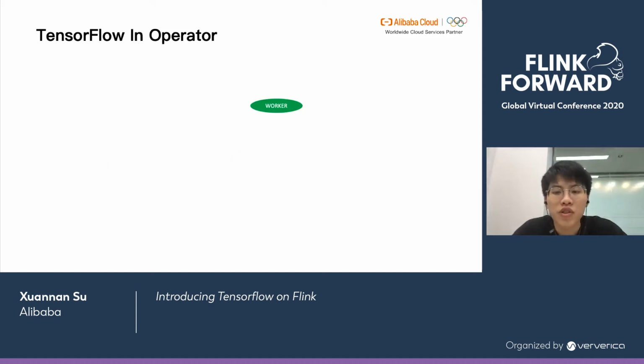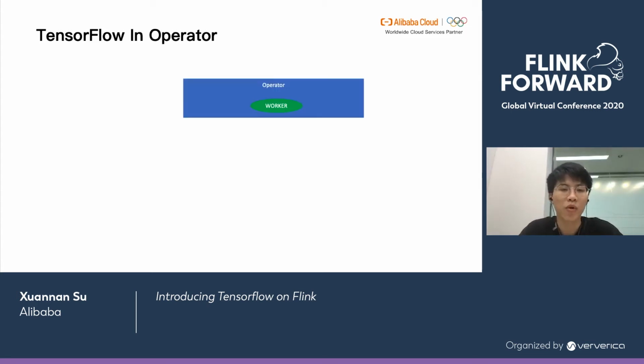We will start from a single worker. In order to run the worker in Flink, we can wrap it in a Flink operator so that the Flink runtime will assign a task manager to run that worker as an operator.